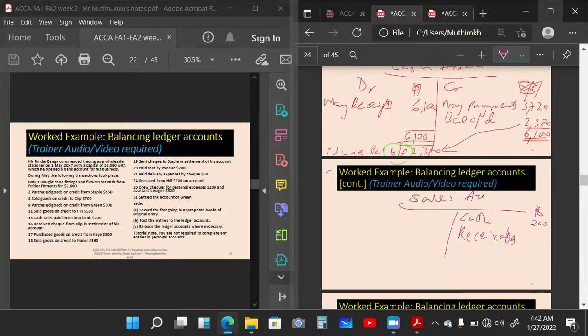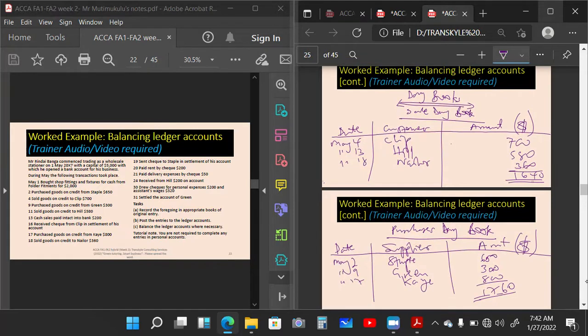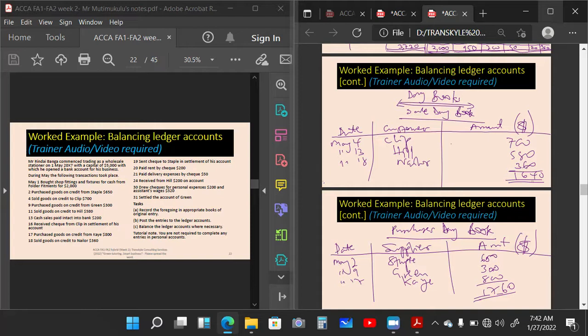So if we go to the May sales day book, it should tell us something. This is the total receivables. These guys collected goods from us on credit. They collected these goods on credit.